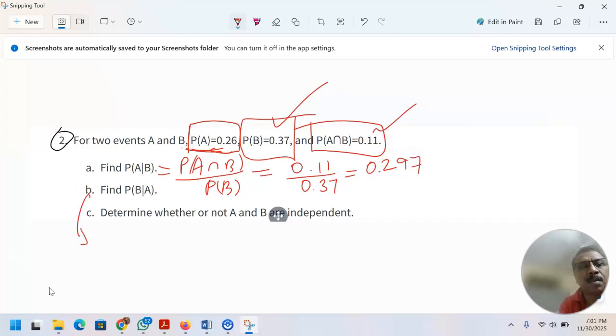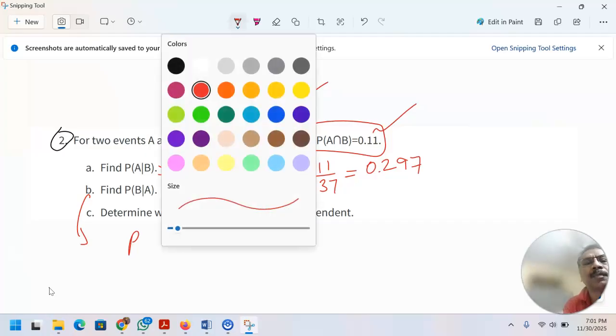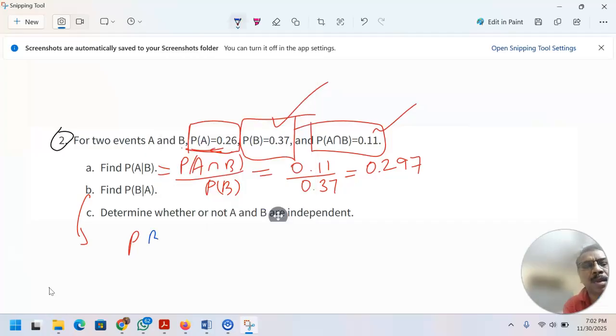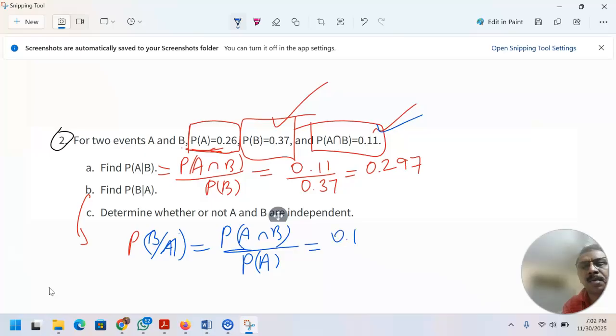Then the next piece: the probability of B when A has occurred is again the probability of A and B divided by the probability of A. So you plug in 0.11, and then divide by the probability of A, which is 0.2.